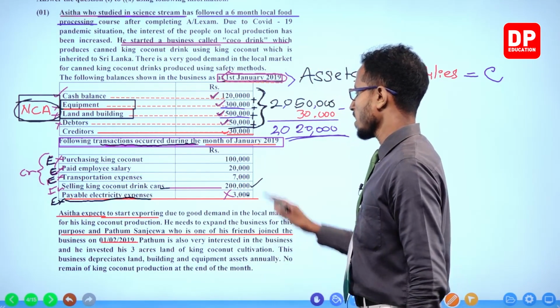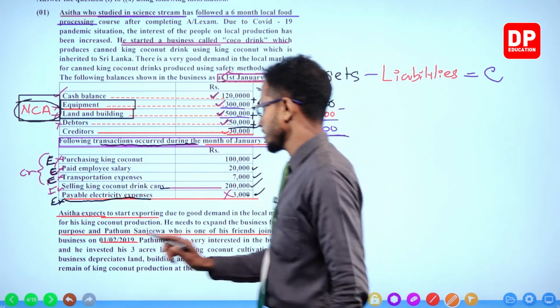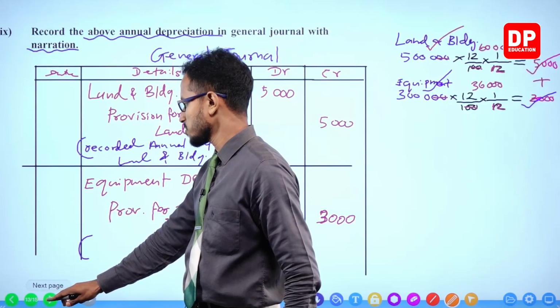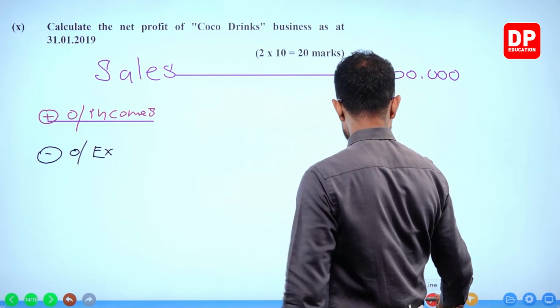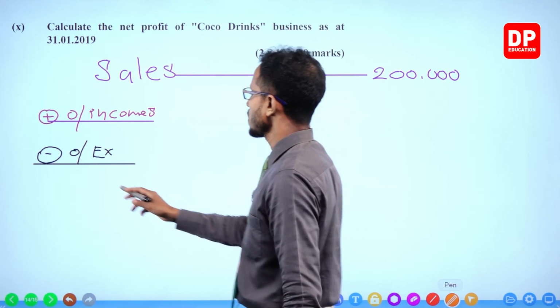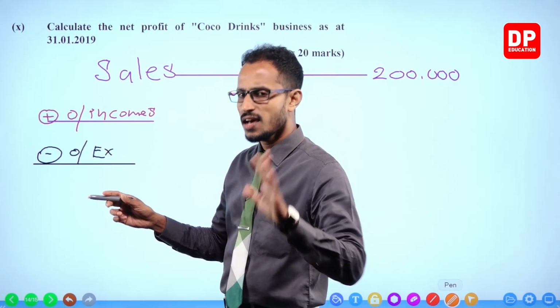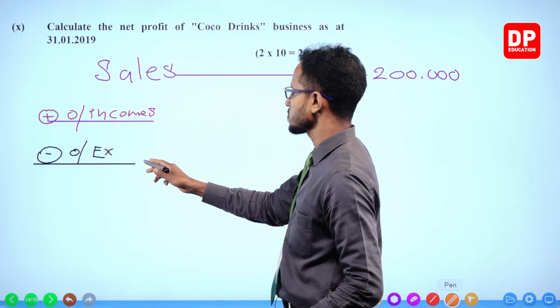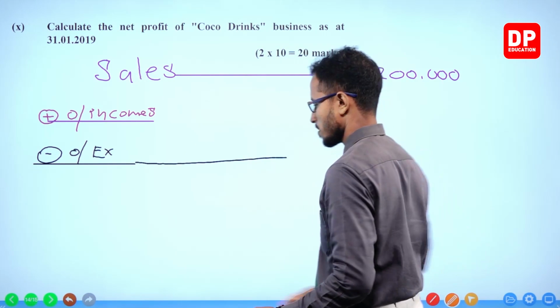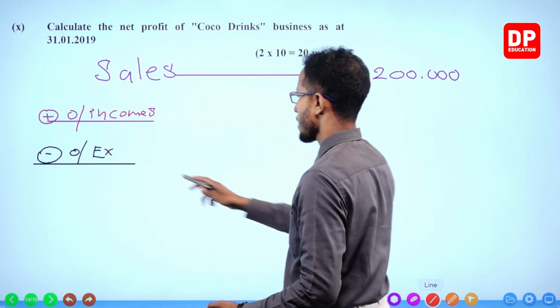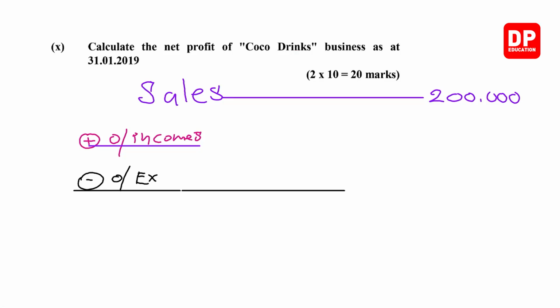Got it. Now 100,000, 20,000, 7,000 and 3,000. Take all of them right under other expenses. Now I don't remember the narrations, the items. I just remember the figures. I'll put the figures here under other expenses. 100,000, 20,000, 7,000, 3,000.